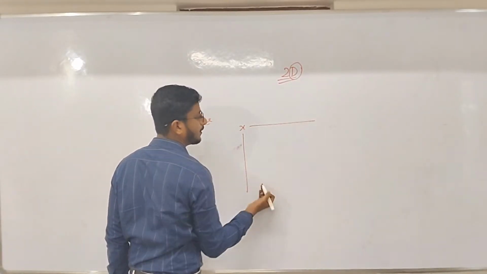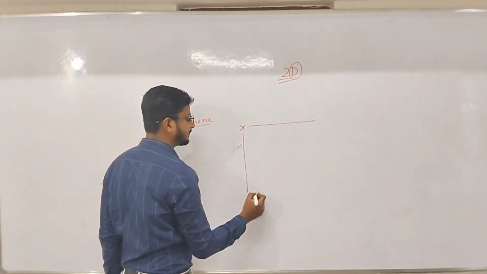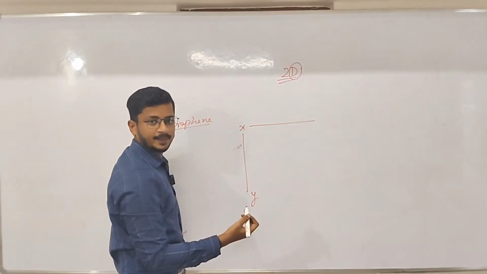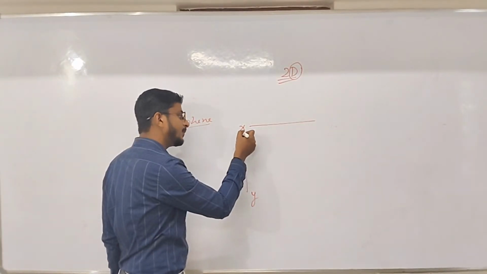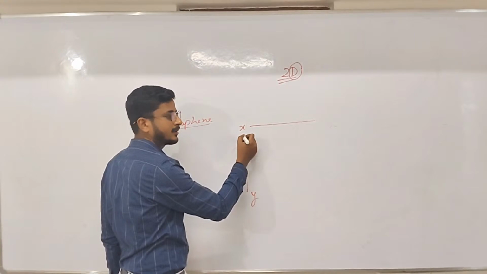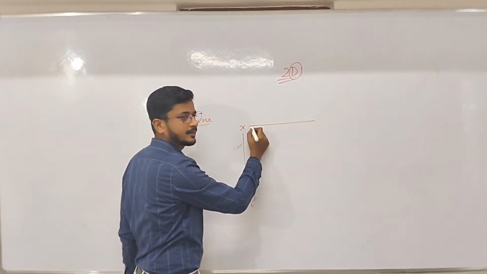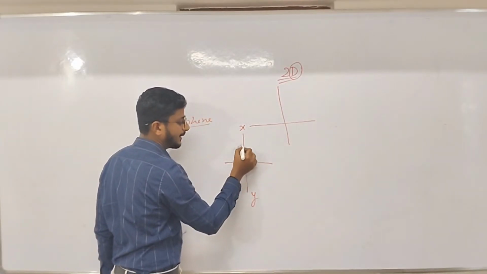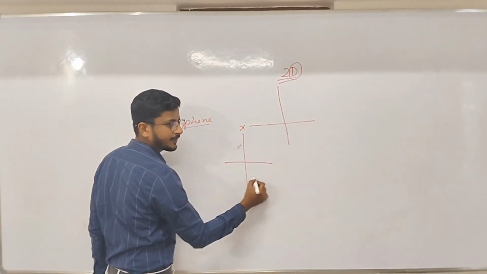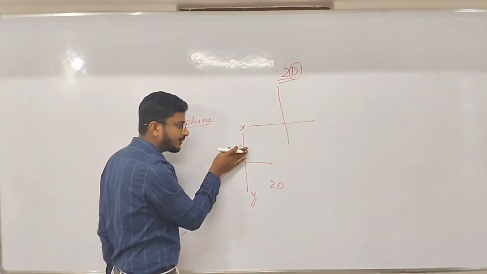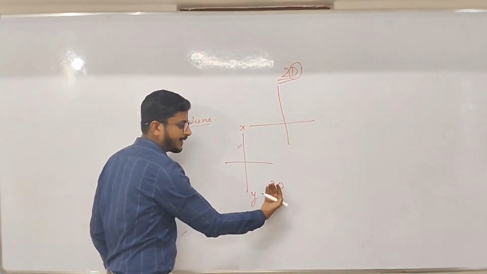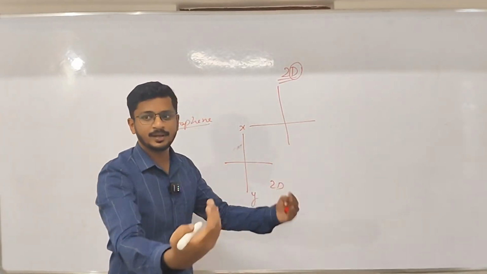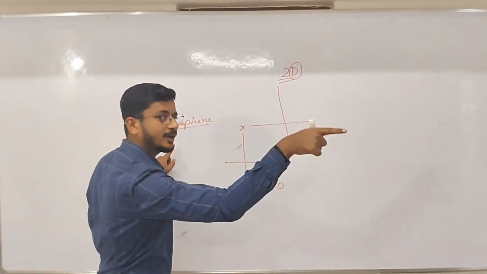or the y-axis. Correct? That is one dimension. Either it can go only like this or only like this. If it can go like this, that is two dimension, only on a flat surface. If I take this board and keep it like this and draw right here, will it be applied on the board?